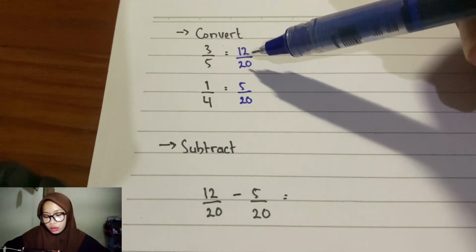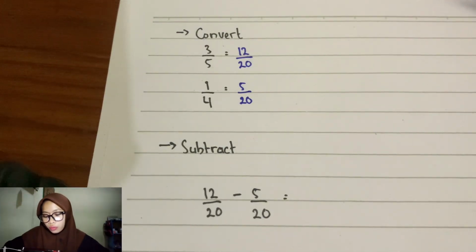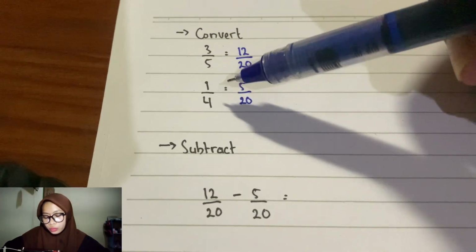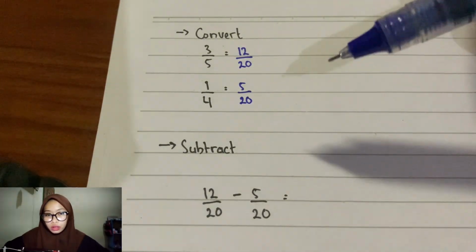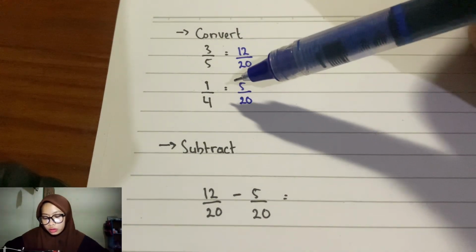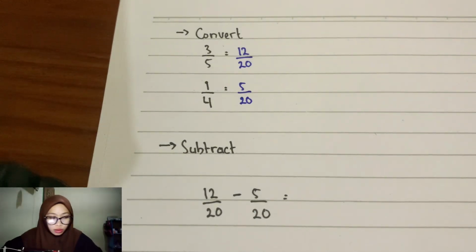So we get 12 over 20. And for 1 over 4, we're going to multiply this fraction by 5 because 4 times 5 is 20. So 1 times 5 is 5 and 4 times 5 is 20. So we got 5 over 20.